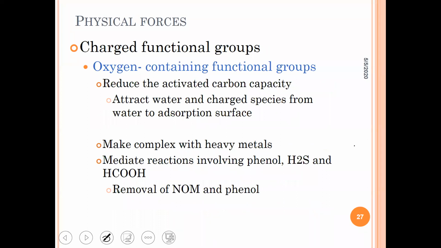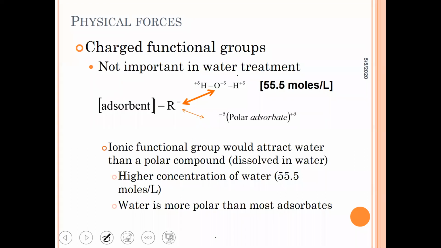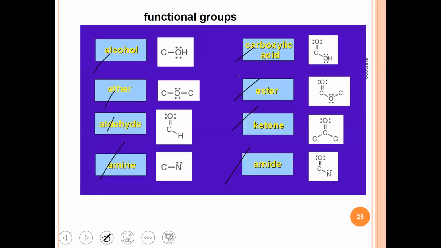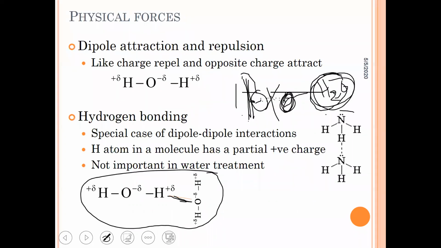What about if the functional group is an oxygen containing functional group? Oxygen containing functional groups are something like this one or this one. You see all of them, they are oxygen containing functional groups.